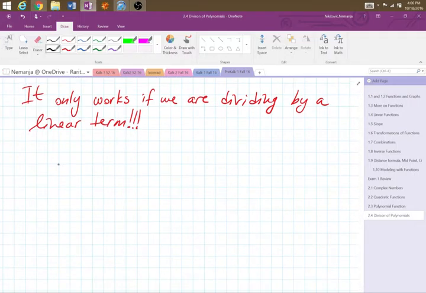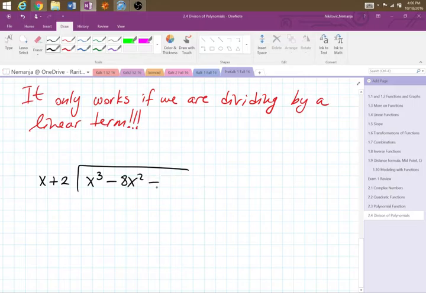How do we divide x plus 2 into x cubed minus 8x squared plus 4x minus 9? Well, we know that we would go x into x cubed goes and go from there.